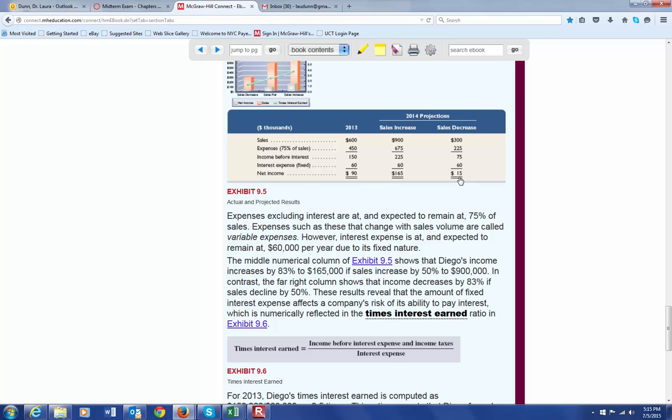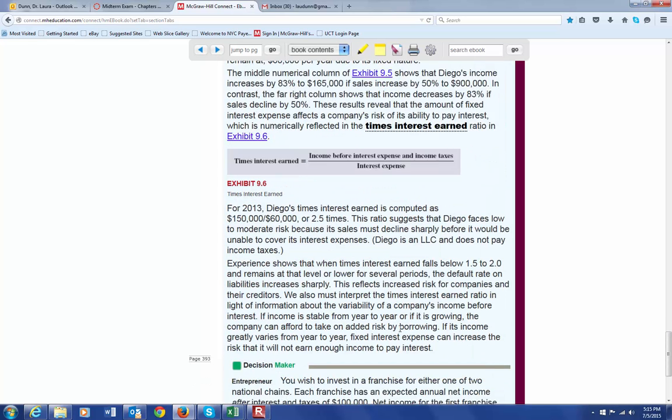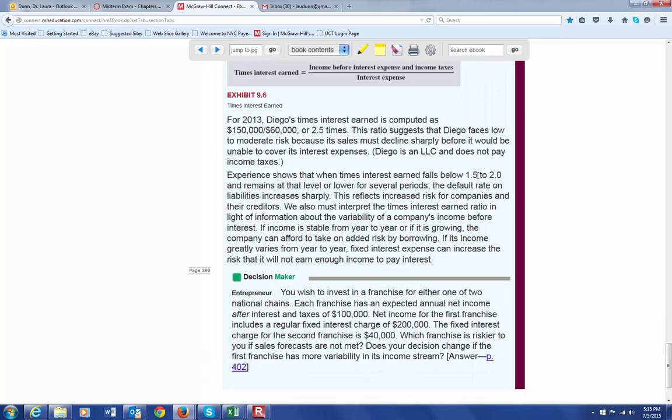So if this scenario happens, you'd be at 1.25, which is obviously less than 1.5. So this company would then be considered to be at risk to default on their liabilities.